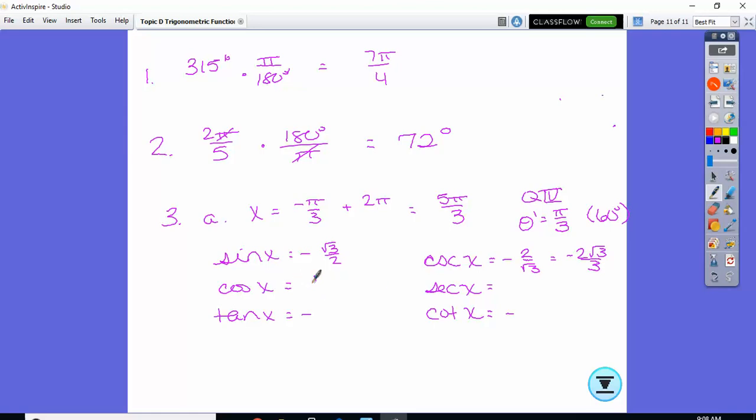Cosine of 60 is the square root of the bottom over 2, so that would be radical 1 over 2, so 1/2, which means secant is 2. Tangent, square root of the top over square root of the bottom, so radical 3 over radical 1 is radical 3. Cotangent, if you flip that, 1 over radical 3 just turns into radical 3 over 3. And those are negative, we already said.